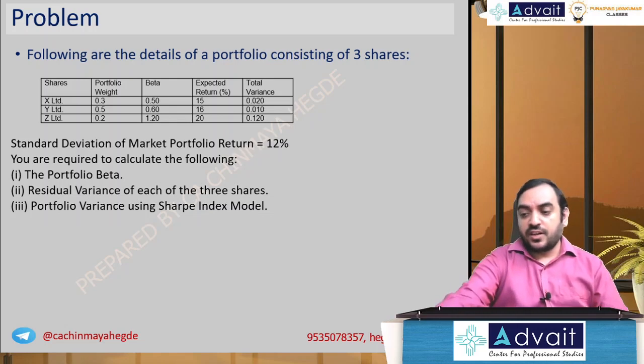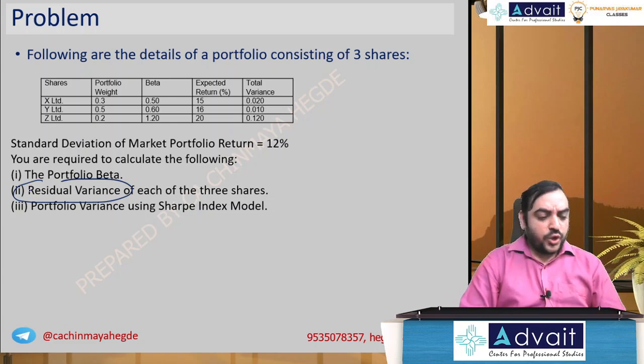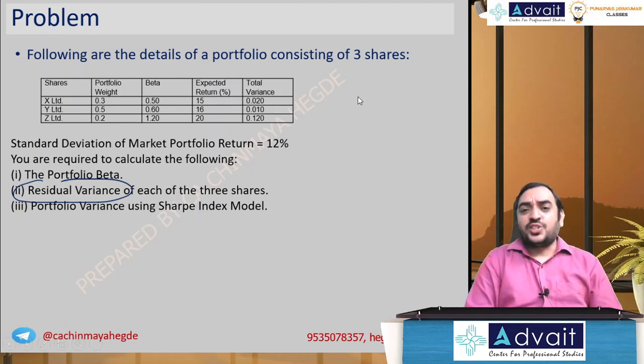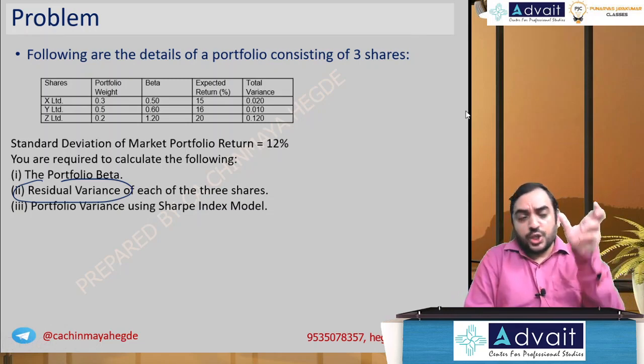And one new term we have is residual variance. Any idea, my dear friends? What do you understand by residual variance? Okay, nothing different. Residual variance just means unsystematic risk. You know how we calculate unsystematic risk? We take the total risk of the security, we subtract systematic risk.